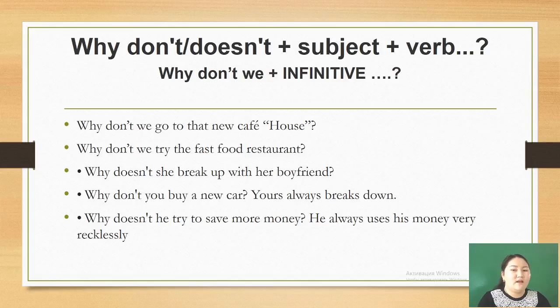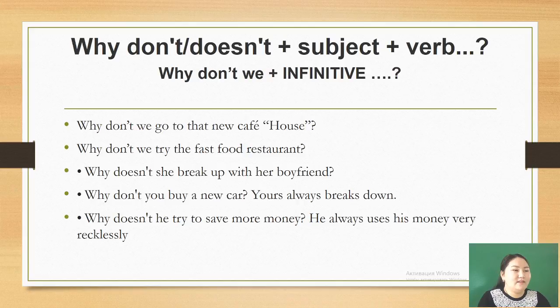In this example, why don't we, then the infinitive verb, then your suggestion. There is your idea to go to the cafe and you are making a suggestion, right? So why don't we go to the new cafe house?